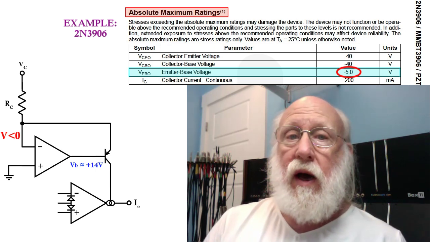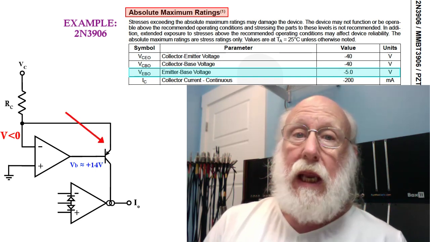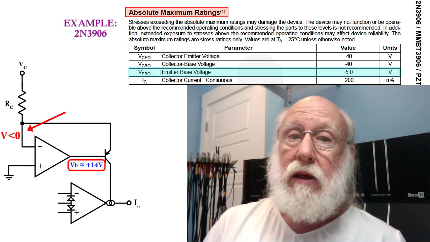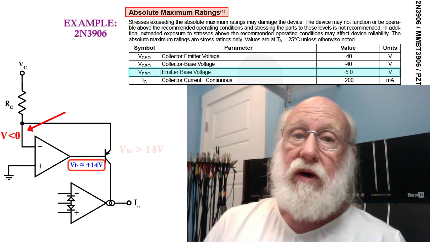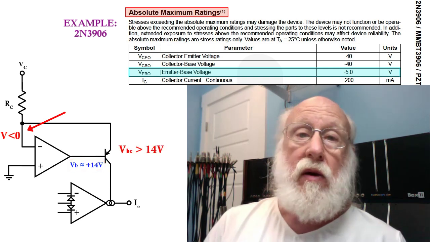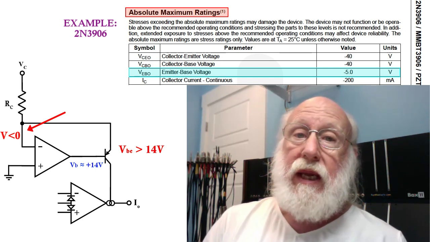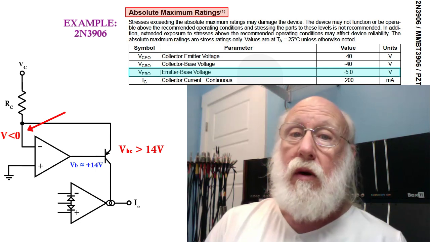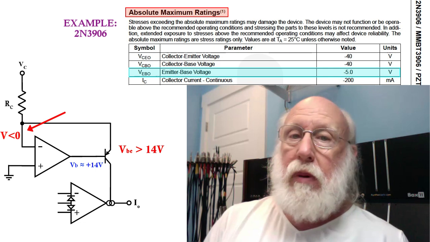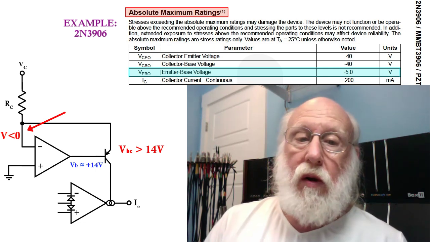However, you've got a voltage on the emitter that is at least slightly negative, and you've got about 14 volts on the base, and so you've got 14 or more volts of reverse bias on that transistor. That is way over the absolute maximum, and that junction is going to go into reverse breakdown and start conducting, and that is not what you want. You might destroy the transistor. It just depends on a number of factors, but in general you don't want that to happen. So that's one problem we need to solve.